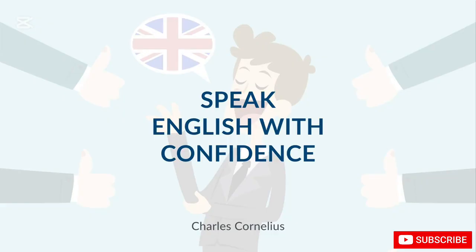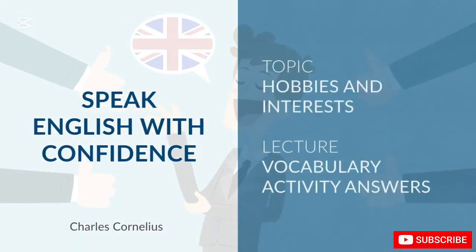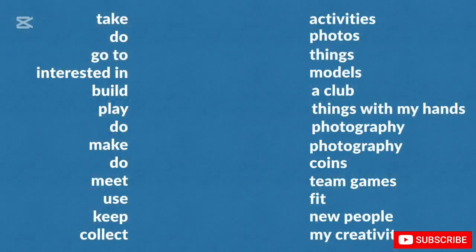So let's go through the answers to the vocabulary activities. And there were 2 activities. In the first activity, you had to match the verbs on the left with the nouns and noun phrases on the right.